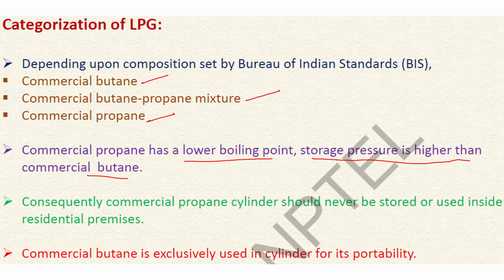That's why the storage vessel for propane is a special kind of vessel. We can store butane in a storage vessel of propane, but we cannot store propane in a storage vessel of butane. Consequently, commercial propane cylinders should never be stored or used inside residential premises. Due to this high storage pressure, propane cylinders should not be stored in residential areas for safety purposes.